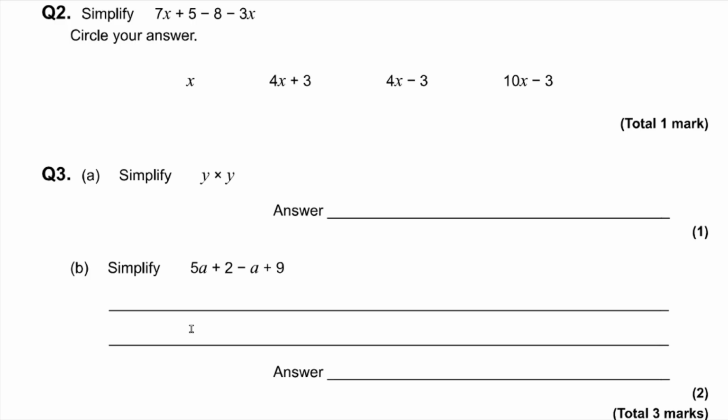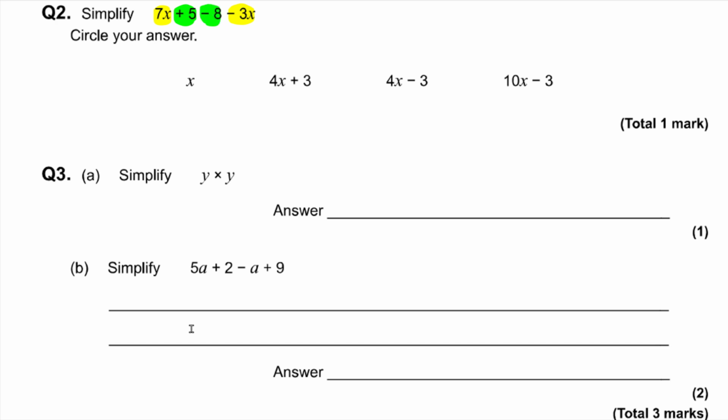Question 2, simplify 7x plus 5 minus 8 minus 3x. Okay, so here we're going to have to collect like terms together. I've got a term in x here, 7x, and I've got another term in x here, minus 3x. Notice I'm including the sign in front of the term when I colour it.